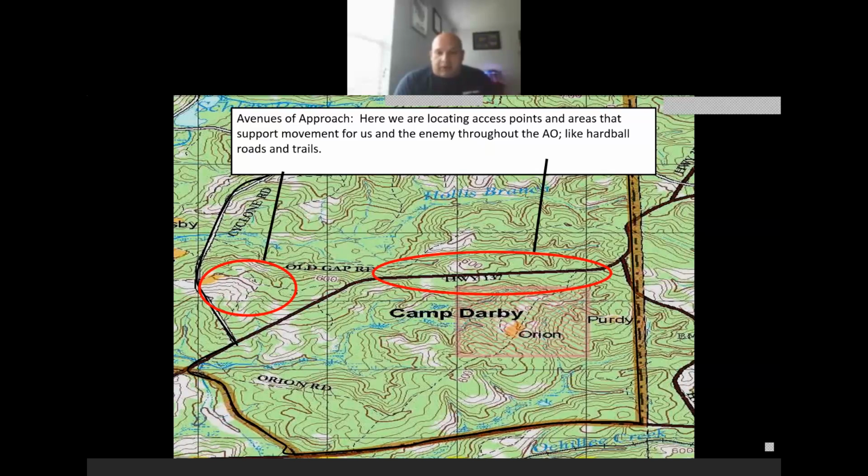The enemy uses it for reinforcements, we stated. What else? An enemy can use it for ambushes because they know the terrain. They know where the choke points are when you put obstacles on these roads, right? So what else is the enemy going to use this for that we could potentially use against the enemy?